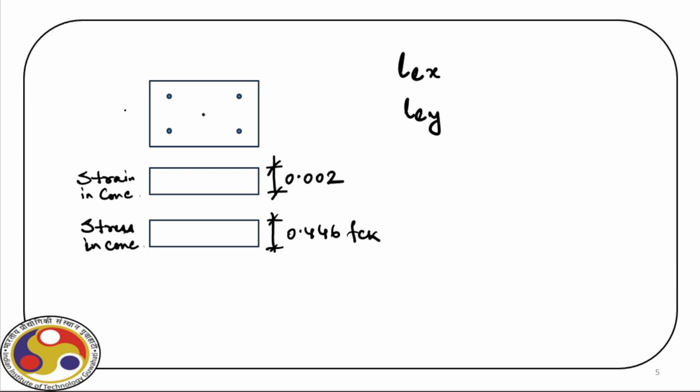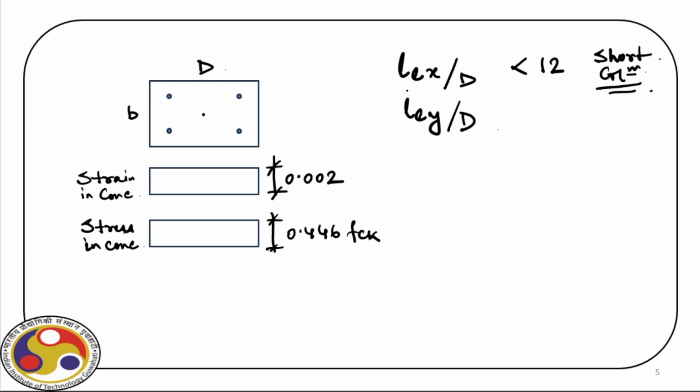So if this is D and this is B, then L by D ratio, if it is less than 12, then we call it short column. For the time being, let us consider short column, and this ratio we have to check for either directions.